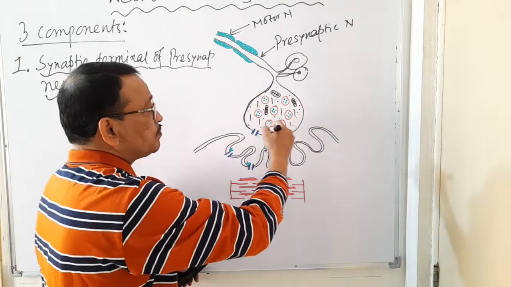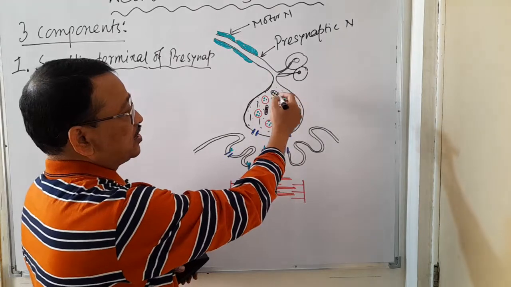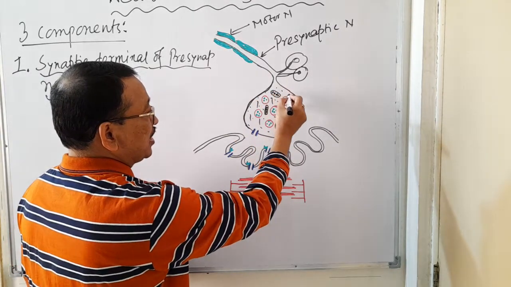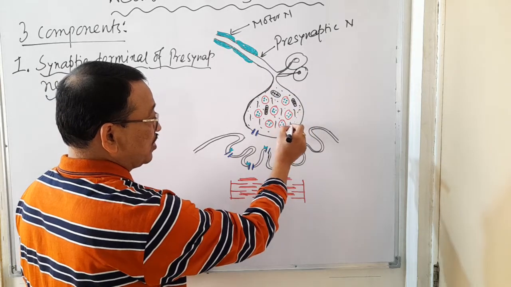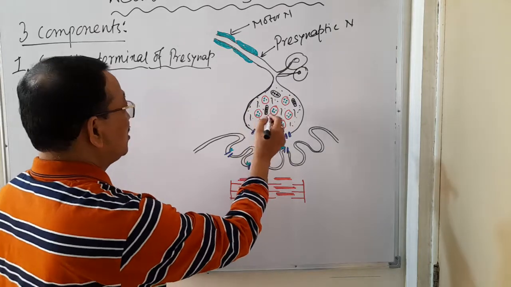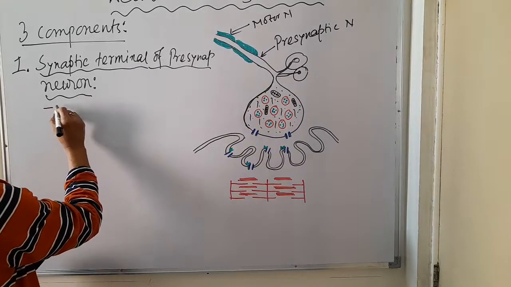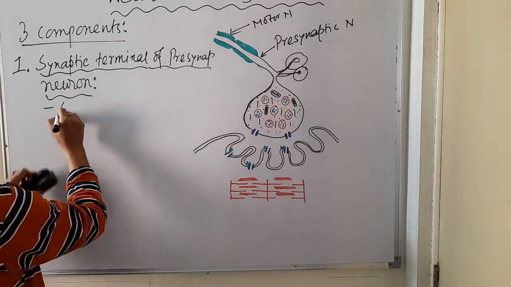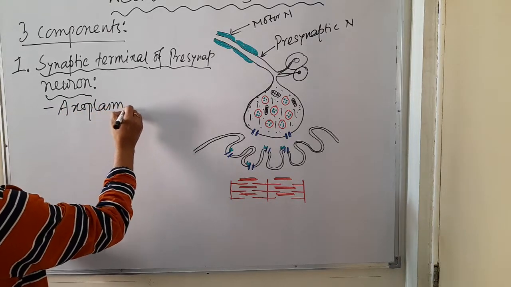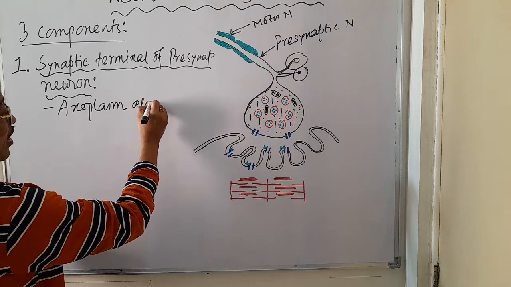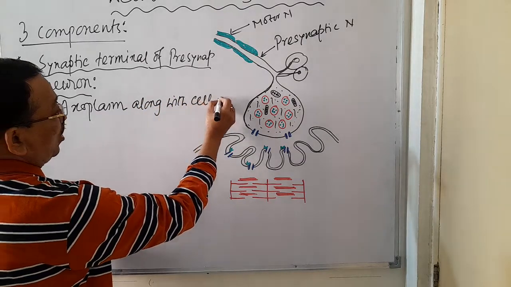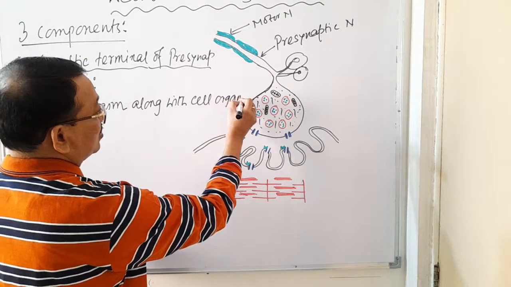Regarding the details of these things, here you see in this presynaptic neuron, obviously there will be the cytoplasm, that is known as the axoplasm. It contains the axoplasm along with different cell organelles.